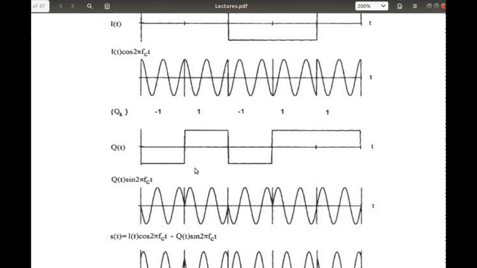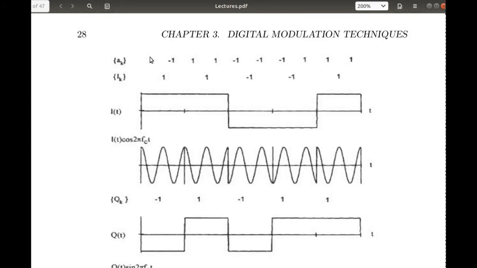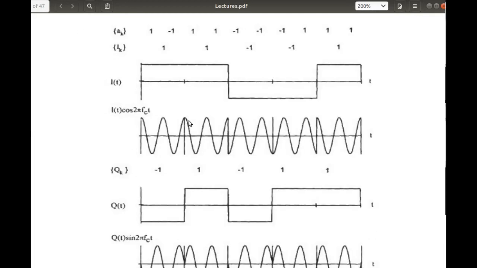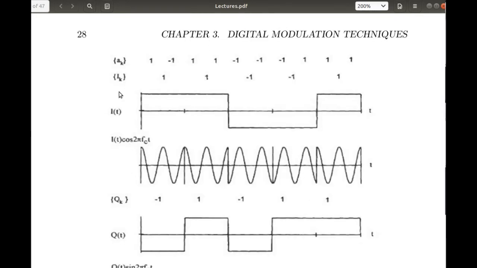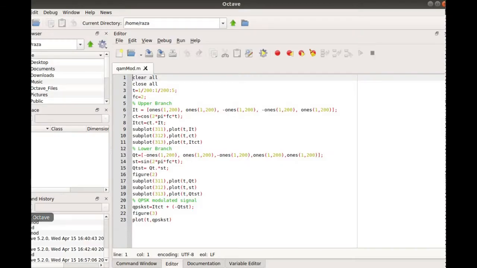We generated our data, which was this one: 1 0 1 1 0 0 0 1 1 1, right? So we generated this I(t) cos(2πf_c t) first, and it is given in this code here. So let me run the code till that point.